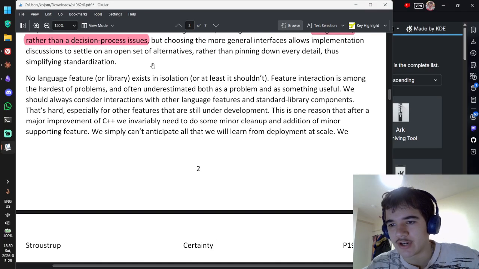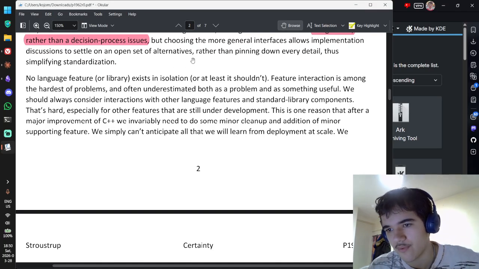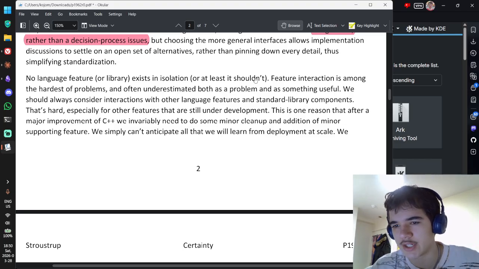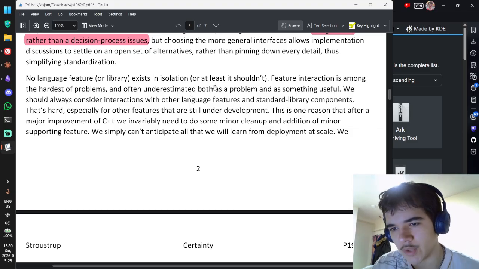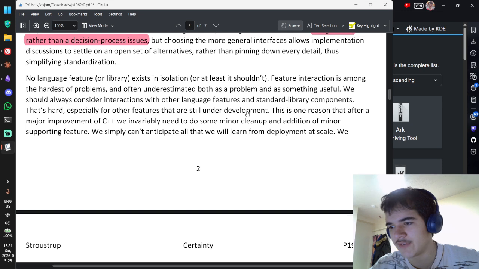Okay. No language feature or library exists in isolation. Feature interaction is among the hardest of problems, and often underestimated both as a problem and as something useful. You should always consider interactions with other language features and standard library components.